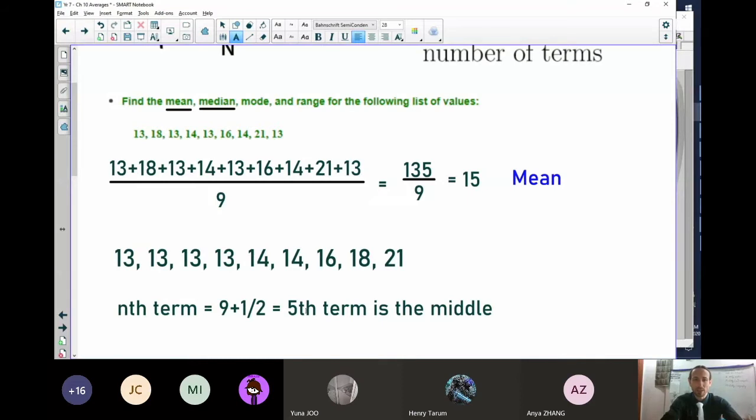But here we're lucky enough that our middle term is the 5th term. So the 5th term in this case is going to be 1, 2, 3, 4, 5. It's going to be 14. So 14 is our median or our middle number.